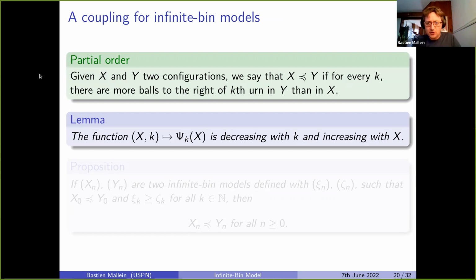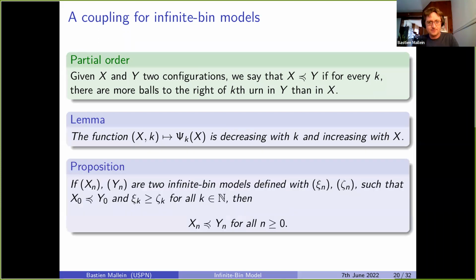And the partial order is that I will say that x is smaller than y if for every integer k, there are more balls to the right of index k in y than to the right of index k in x. So you look at the cumulative distribution functions of x and y, and if the cumulative distribution function of y is larger, then you say that y is larger than x.